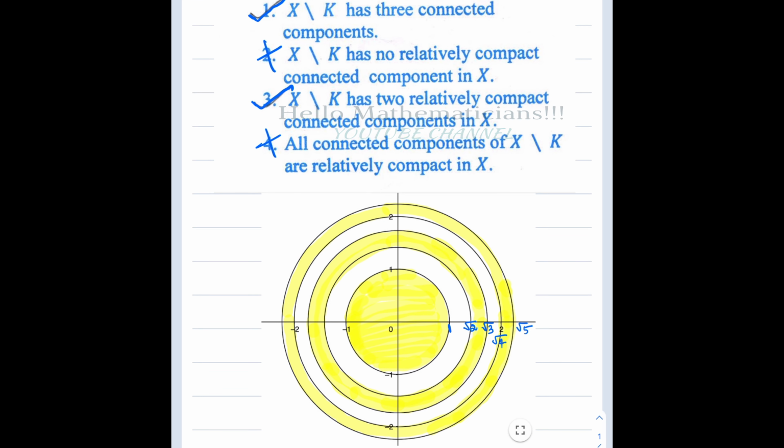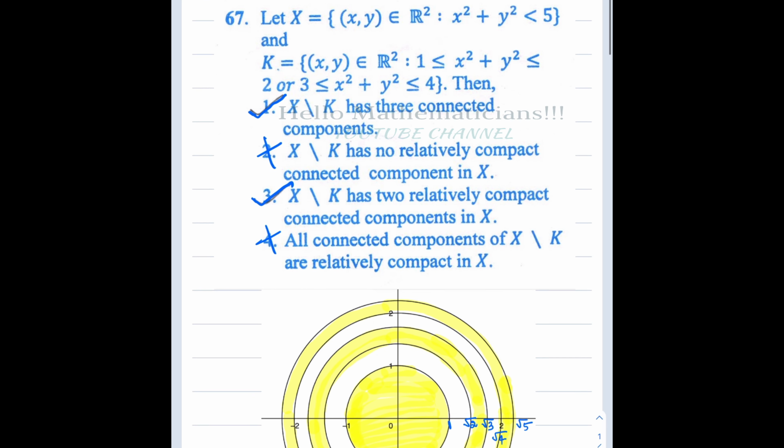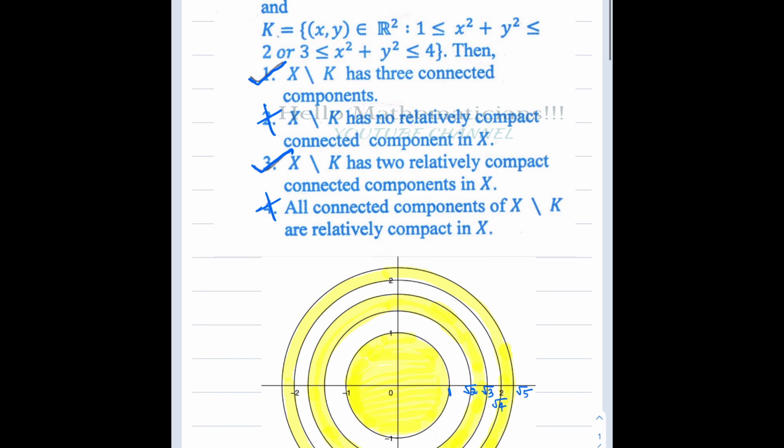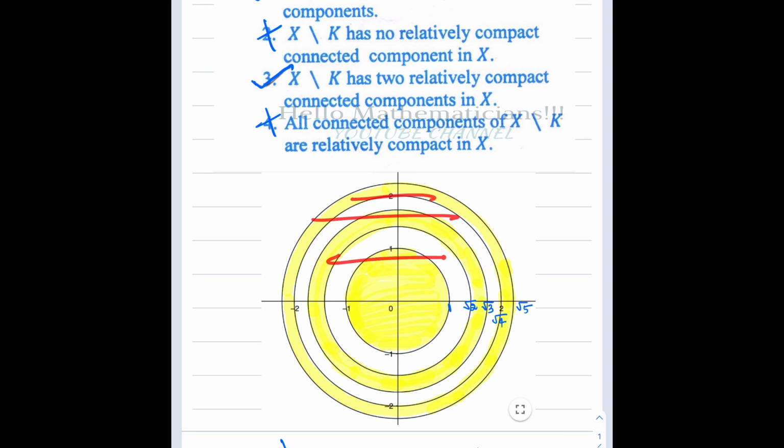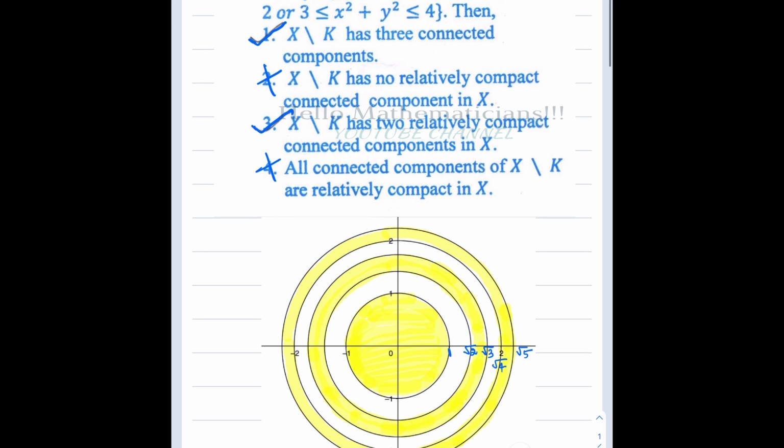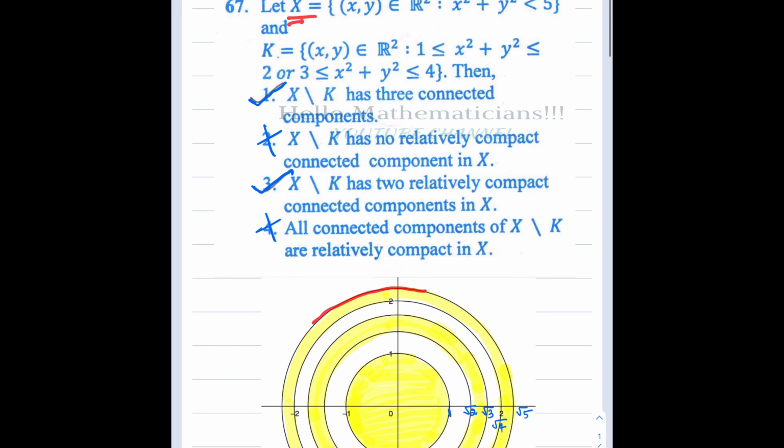So the set X is precisely all the points lying inside this outside circle of radius root 5. Note that the points on the circle are not included in X because it is strictly less than.